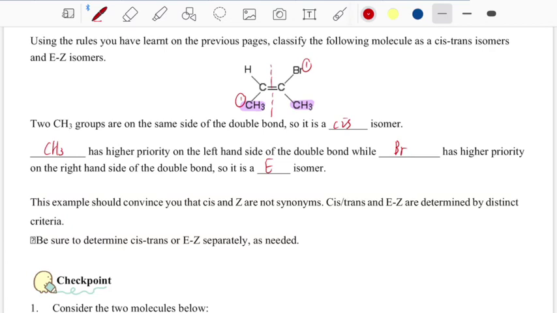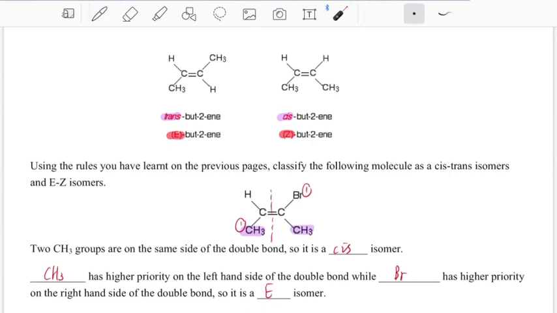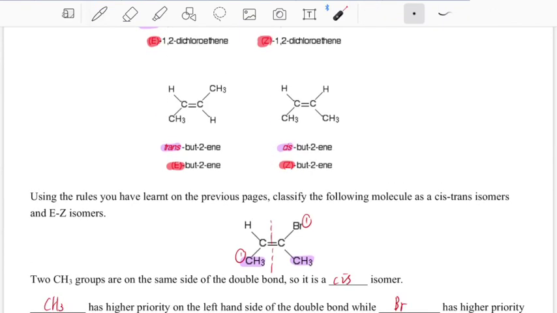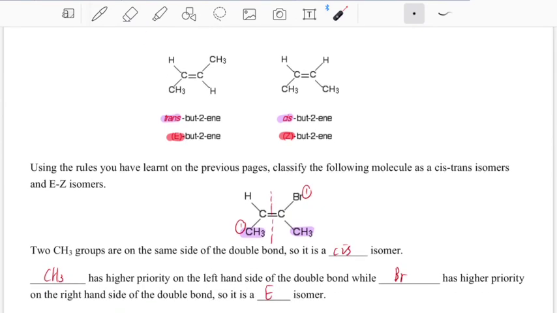Here you can see it's a cis isomer, but it's also an E isomer. So it actually contradicts the example that we have above. For the butene example, the cis isomer is also the Z isomer, but for the one that we have here, the cis isomer, however, is the E isomer.